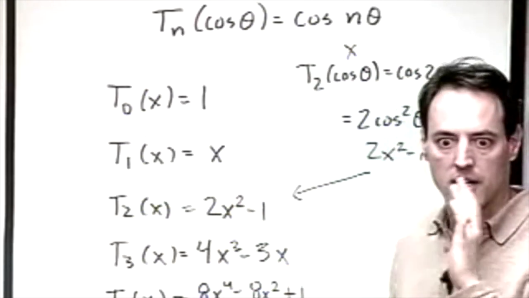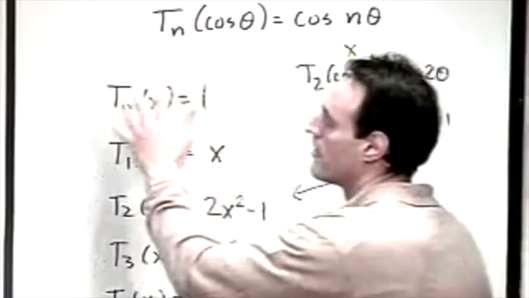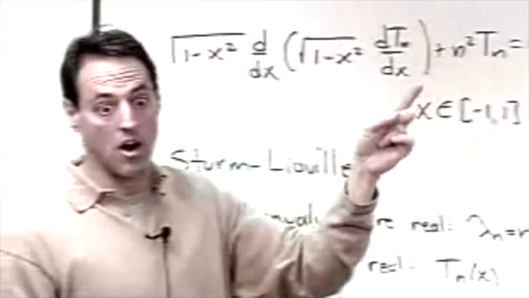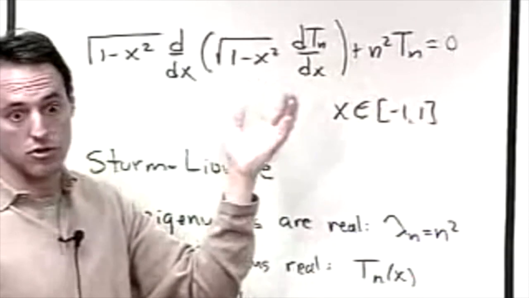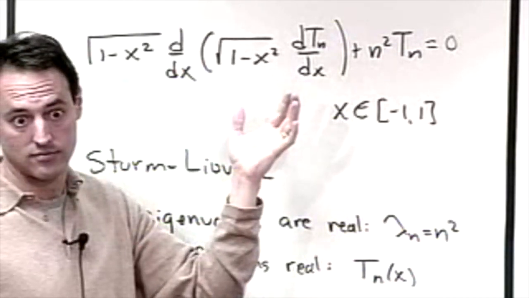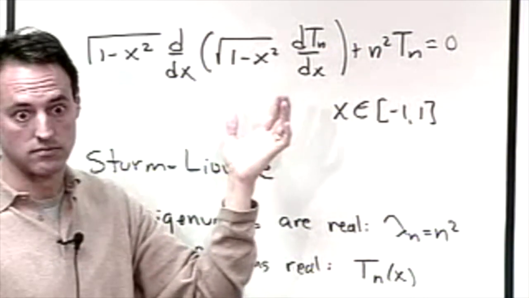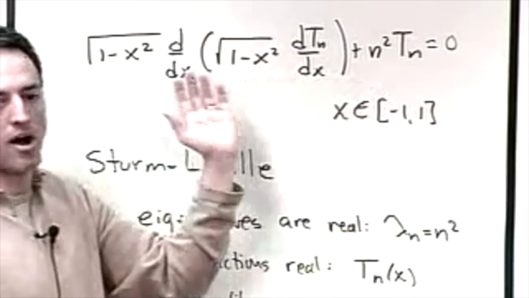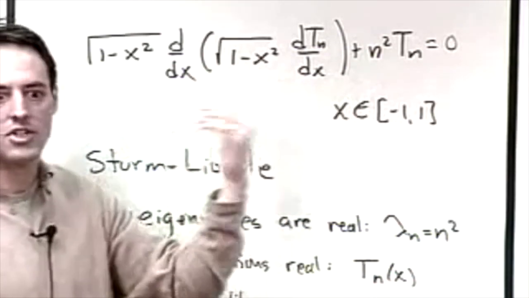That's just how you define the sequence of what you get. Now, if you were to make the change of variable over to here, this is a function that lives on, if you think about it in terms of theta, theta lives from 0 to 2 pi, and x then goes from -1 to 1. Okay? And so if you were to make a change of variable over to this problem over here, then you'd look at a problem from 0 to 2 pi. So it's just this.